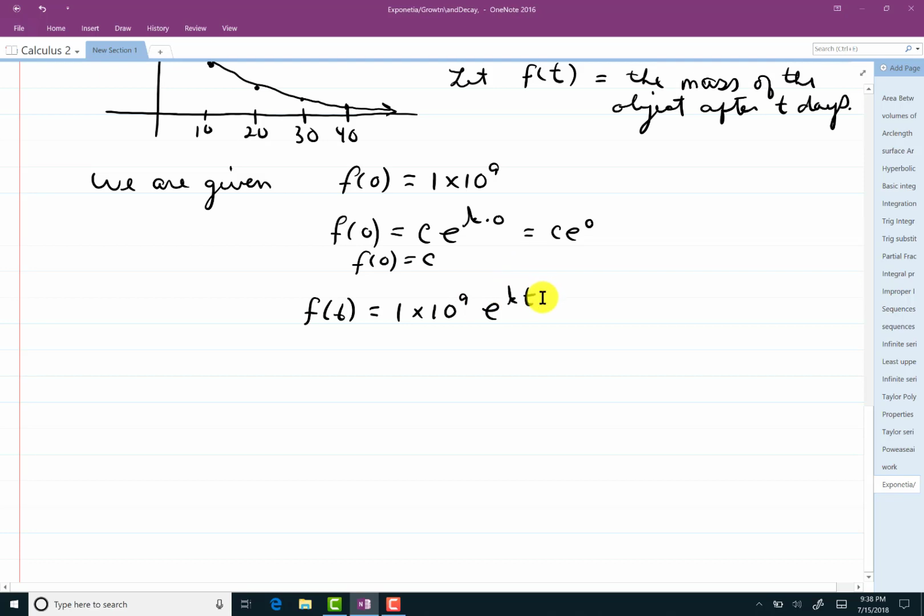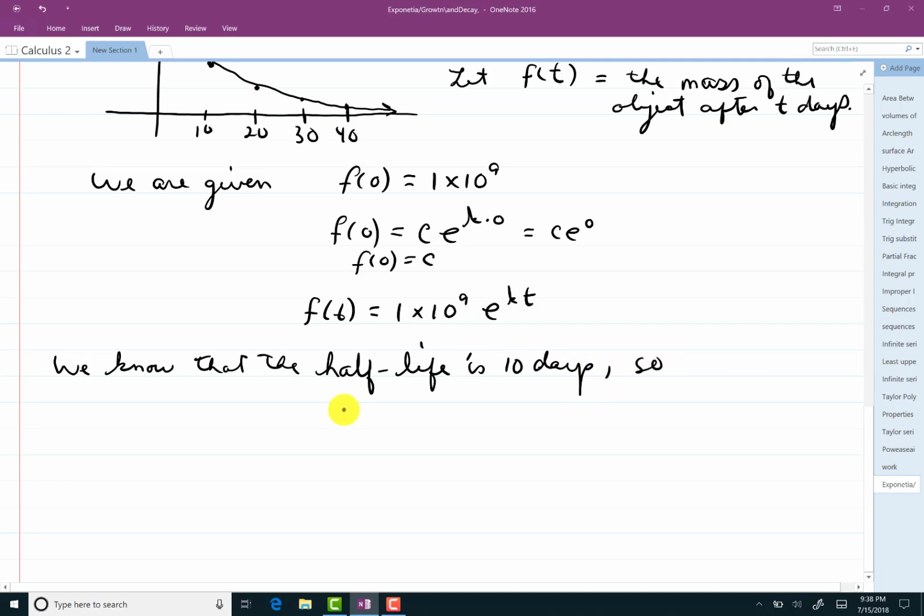Now before I actually answer the question, the next step is to find out the value of k, and you need one more piece of information. We do have a piece of information. We know that the half-life is 10 days. So f of 10 equals 1/2 times the 1 times 10 to the 9th, which, as I said, was 0.5 times 10 to the 9th.